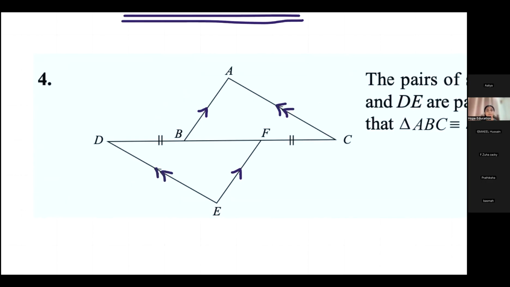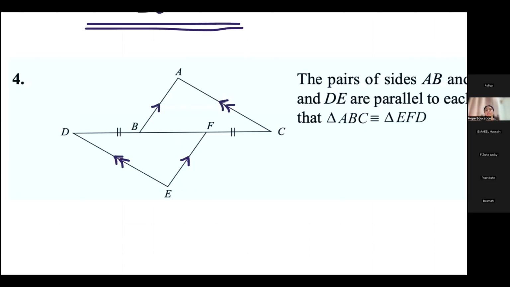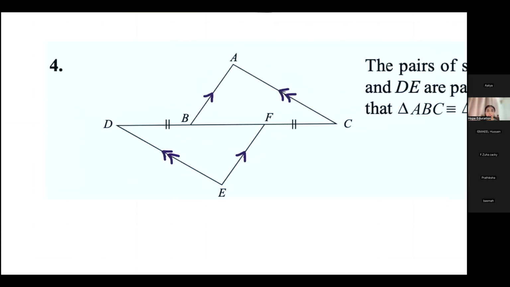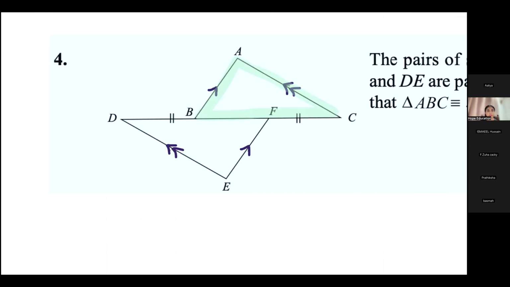Okay. Show that ABC is congruent to EFD. ABC is this triangle. And EFD is this one.